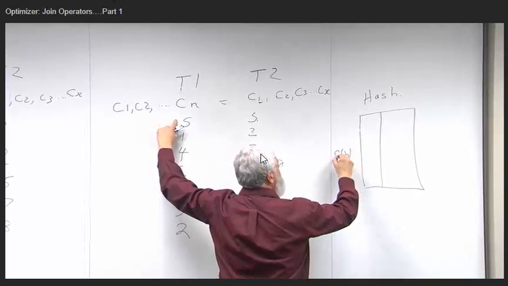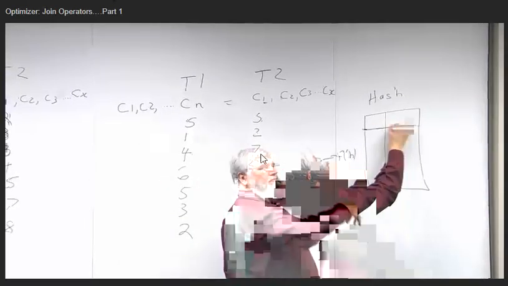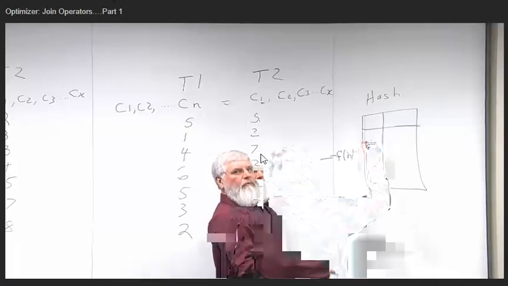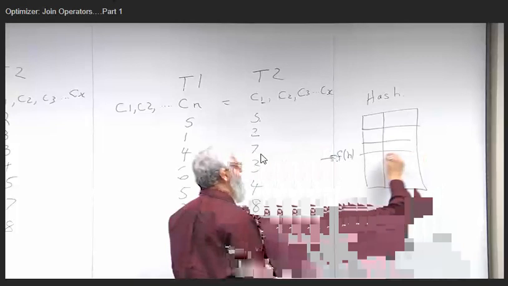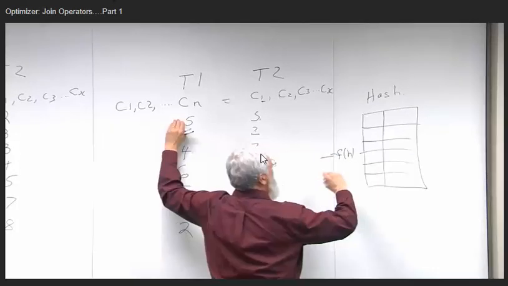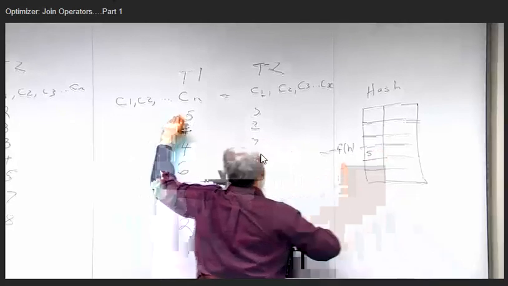So we'll put some slots in the table. So perhaps 5 will hash to this location. And each of these has a row ID associated with them. I'll just call it row ID 1.